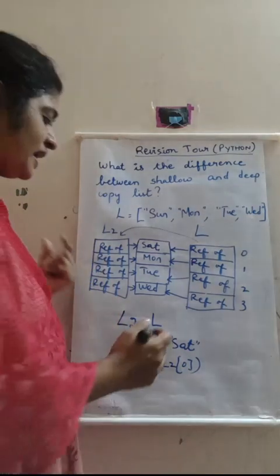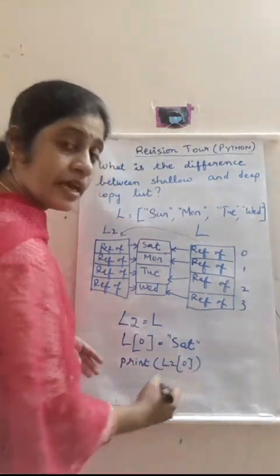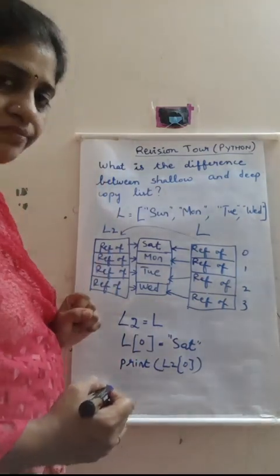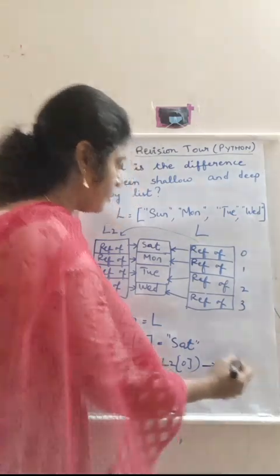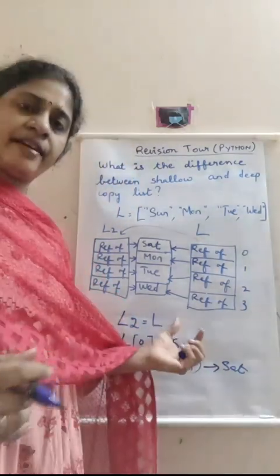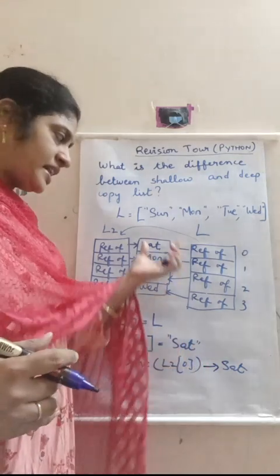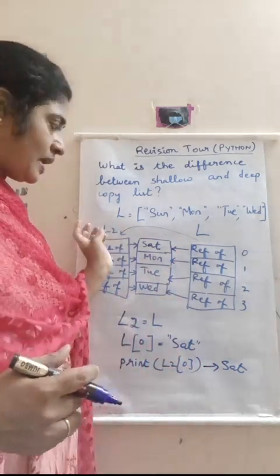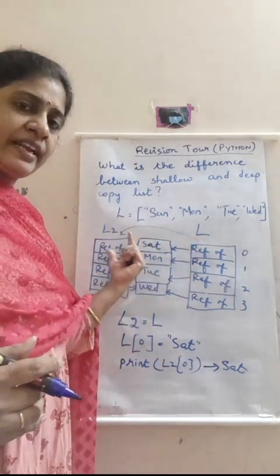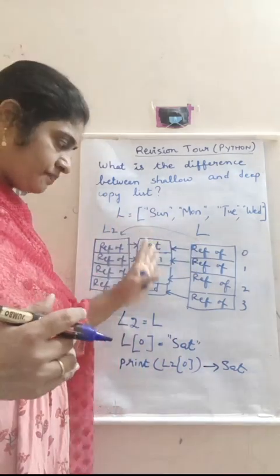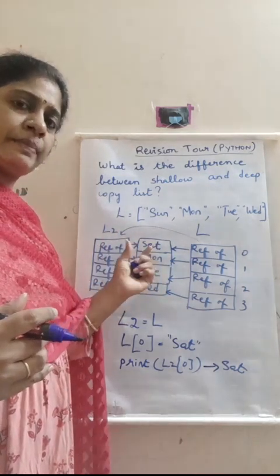The output is going to be Saturday, because both L2 and L are referring to the same location. So changes made in this location will be reflected in both places, in L and in L2.